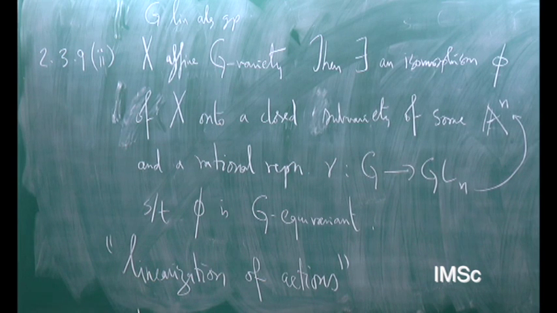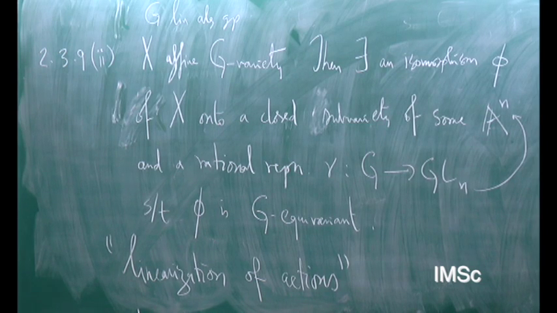Let's think of it for finite groups. If you have a set X on which this group is acting, then what you're saying is that you can get a representation and a G action on that representation such that this X embeds.